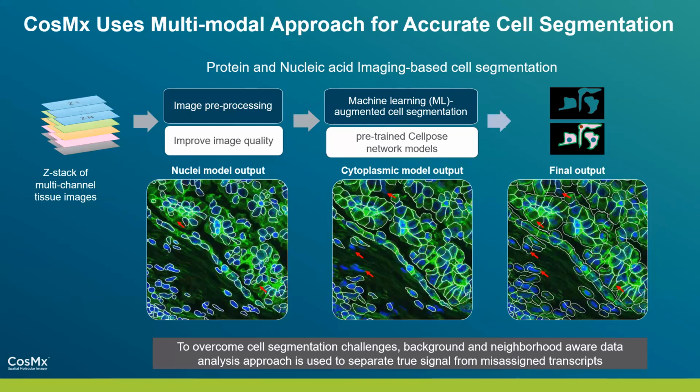But what we're doing here is we're not only utilizing protein nucleic acid imaging-based cell segmentation. So we use a couple different ways of being able to image this data. It's not just a DAPI expansion that we're utilizing. We have 5 channels that we utilize in addition to just a DAPI expansion. You're able to use some morphology markers specific.